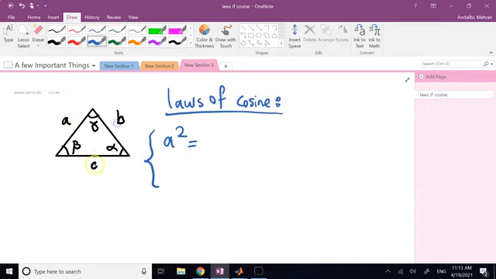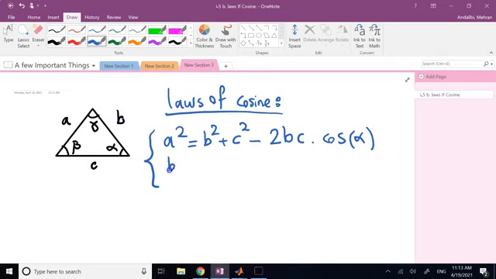Sum of the two other sides squared, which is B squared plus C squared. So far, it's just like the Pythagorean theorem. Now, minus 2 times the product of those two sides times cosine of the angle between those two sides. Okay, this is called the law of cosine.